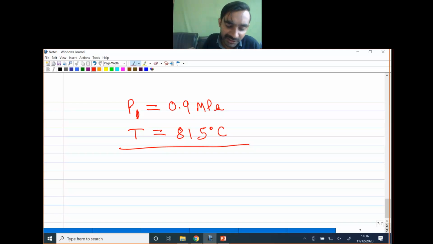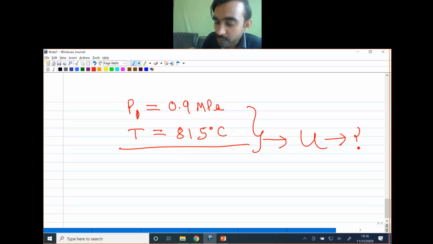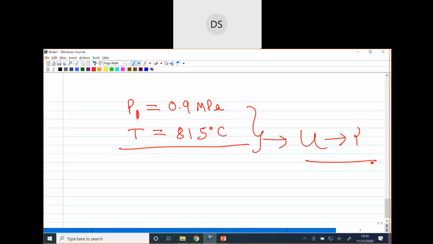Now how to determine the value of internal energy for this particular combination? Okay, so that is our question. We can take the average of 0.8 and 1.0 megapascal.